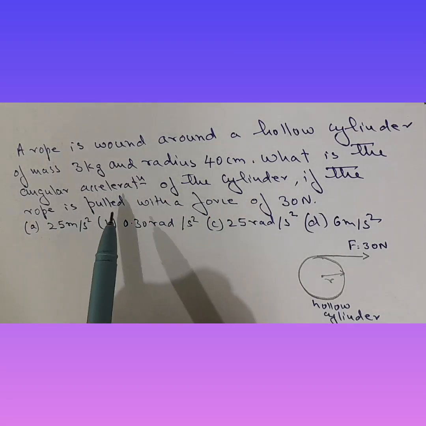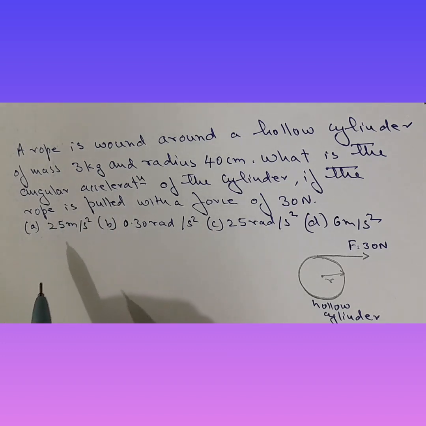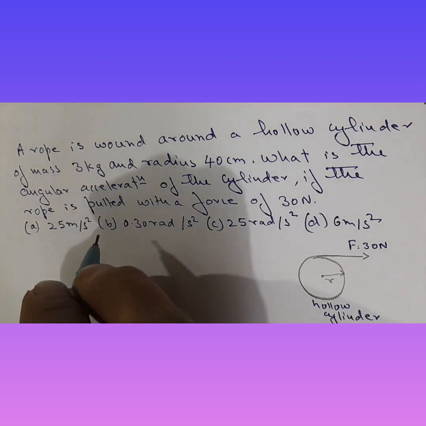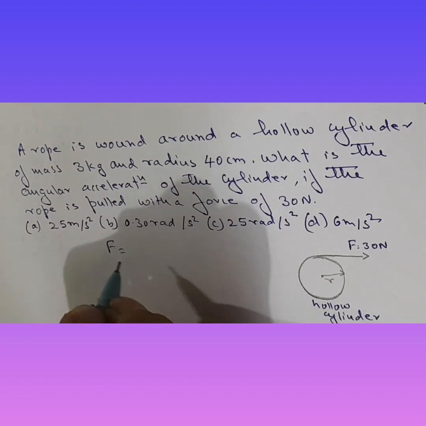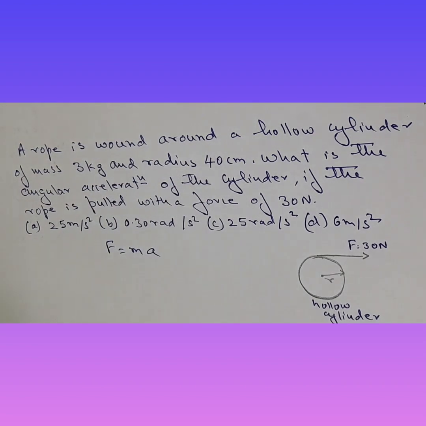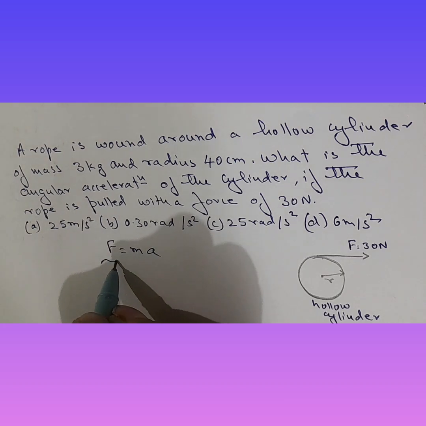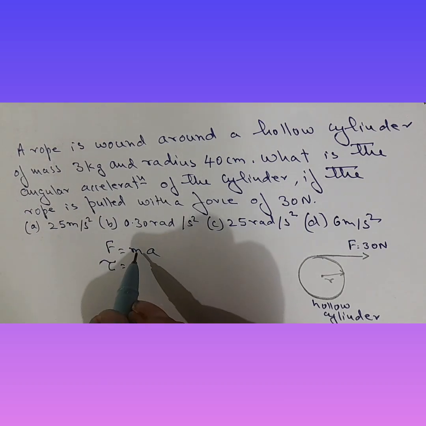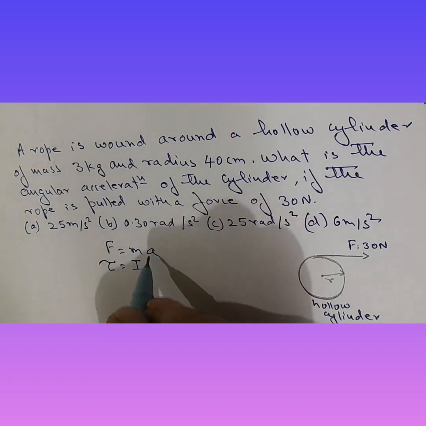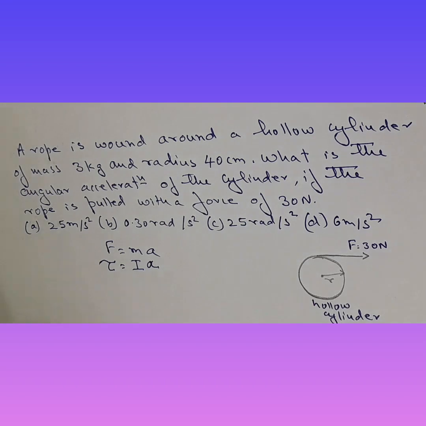Now what we are interested in is angular acceleration. Whenever you want to go for rotational, think of linear, because in linear we know force is equal to mass into acceleration. Similarly we can convert it to angular: tau is equal to I alpha, where the equivalent of mass is I, the moment of inertia, and alpha is angular acceleration.